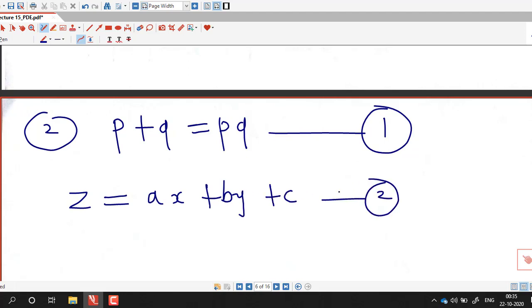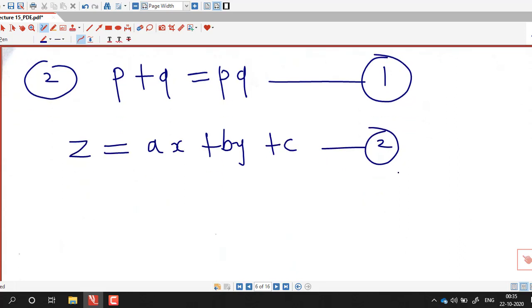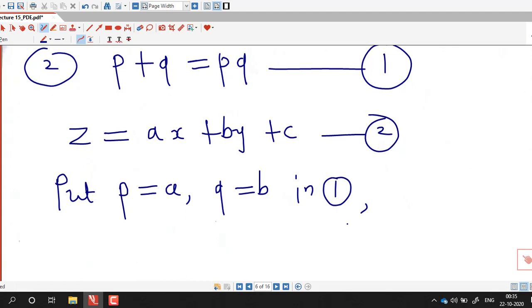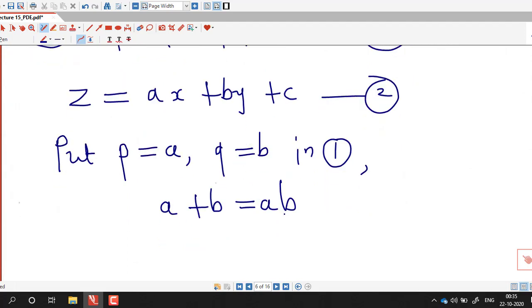Now I am not writing all the details. So this is the complete integral of equation number 1, and if we put small p equal to a, small q equal to b in 1, we have a plus b equal to a into b.